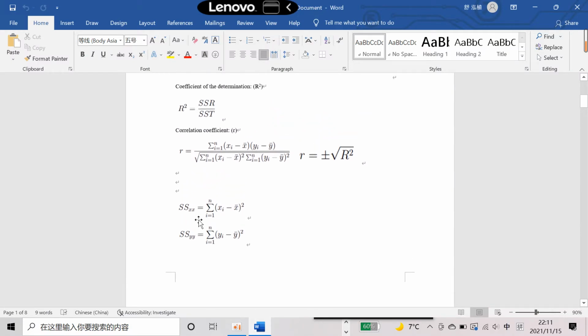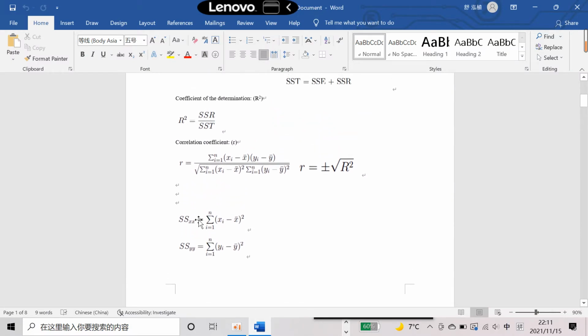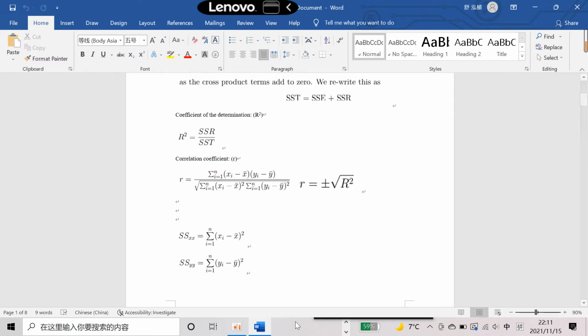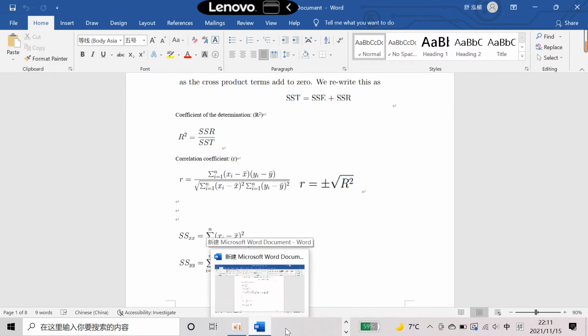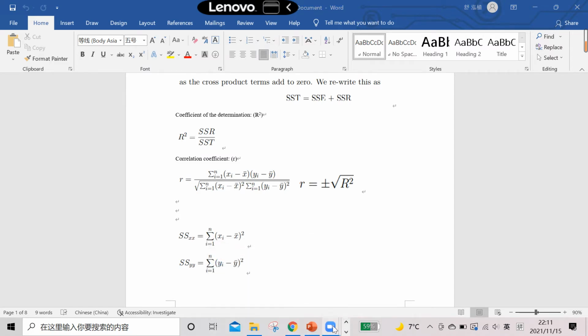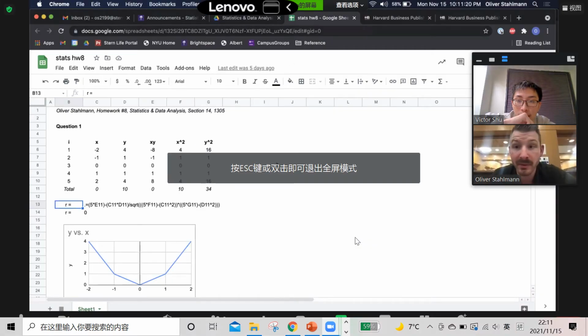Yes, the little r is the correlation coefficient. So then I did do this right. You did the right thing. I thought you said I had to calculate R squared in question 1, which we don't have to do.